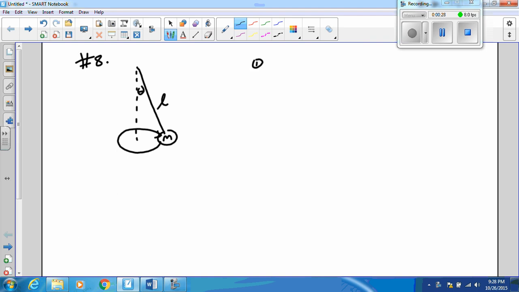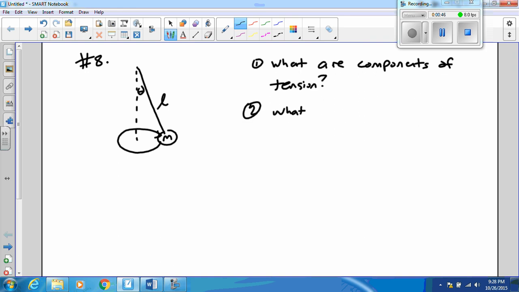First of all, what are the horizontal and vertical forces of tension? We'll put that as what are the components of the tension in the rope. And the second question that they ask is, what is the radial acceleration?